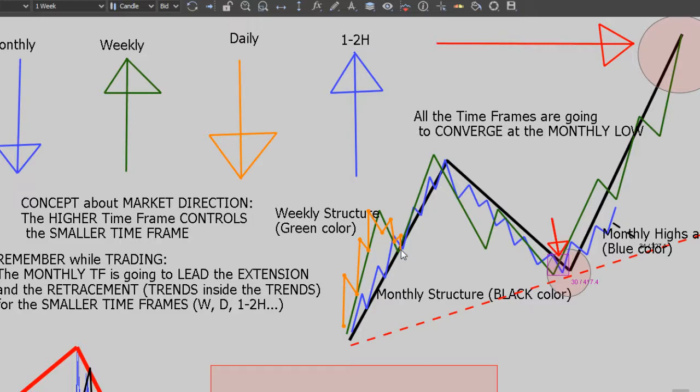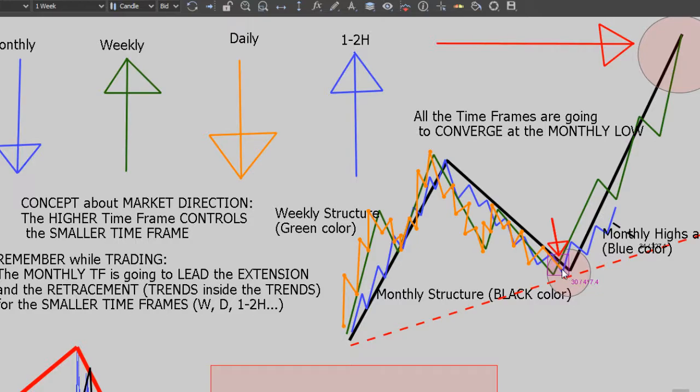And then you're going to see structure high, the orange, and you're going to see structure low on the daily. And then you're going to see structure high and structure low. Okay? And all are going to converge when the monthly finds low.